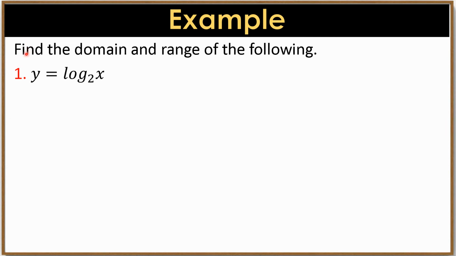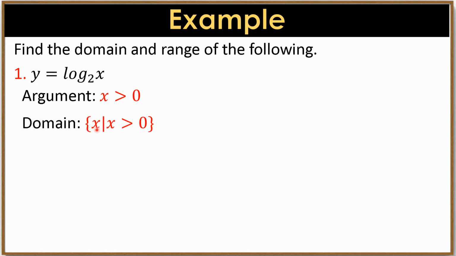Now let us have an example. Find the domain and range of the following. Number 1, you have y equals logarithm of x base 2. Since there is nothing else with the x here, our argument will be x is greater than 0.